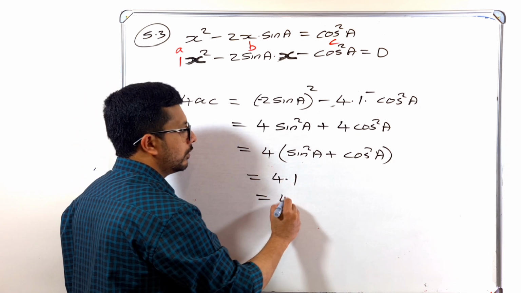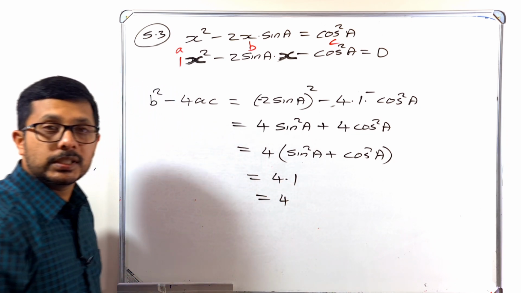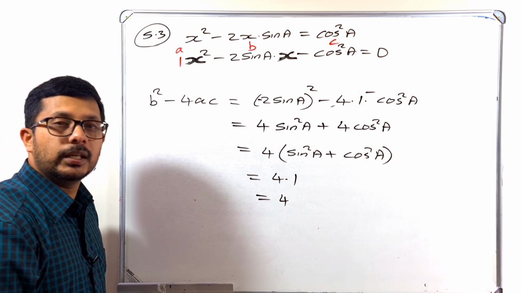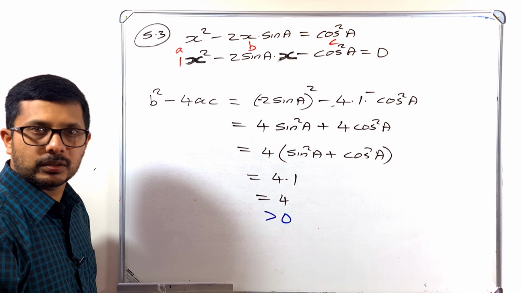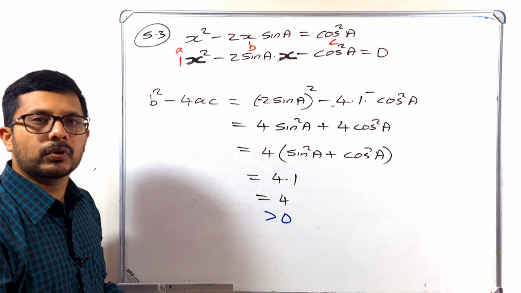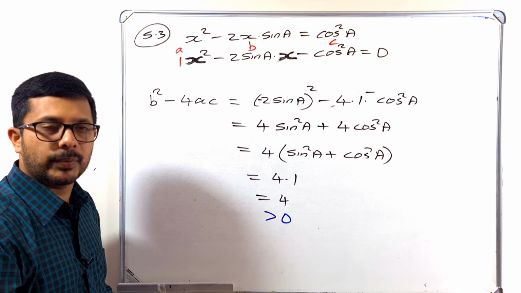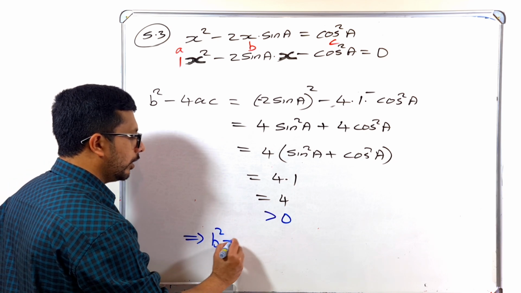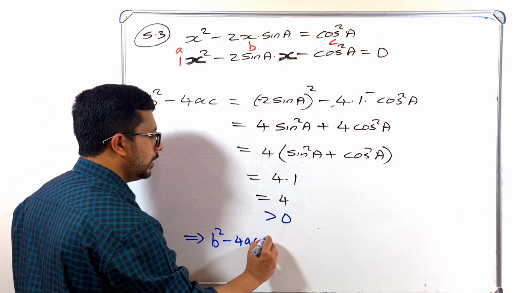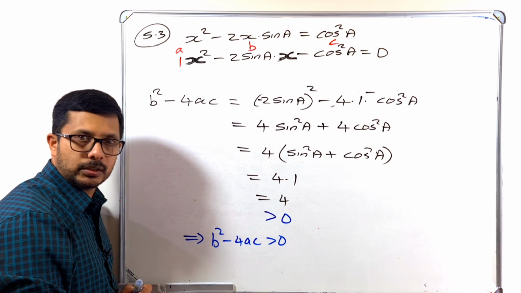What is the answer? It is positive 4. 4 is of course greater than 0. Am I right? So it implies that b squared minus 4ac is greater than 0.